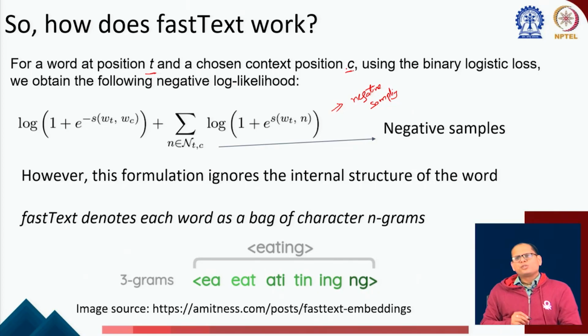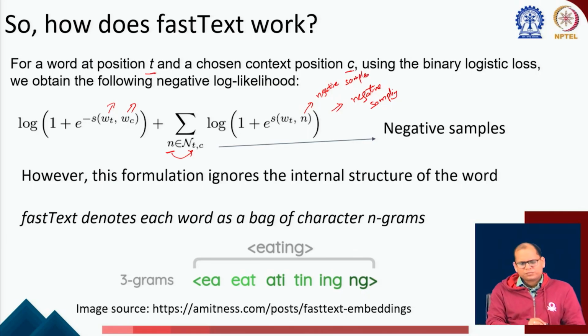Okay. And I am using this binary logistic loss, right. So this is 1 plus e to the power minus score of this position t word and the context word, right. And I have some negative samples. I have taken some n negative samples. So n is one of the negative samples in this, and I use 1 plus e to the power s of t, n, right. So n is a negative sample.